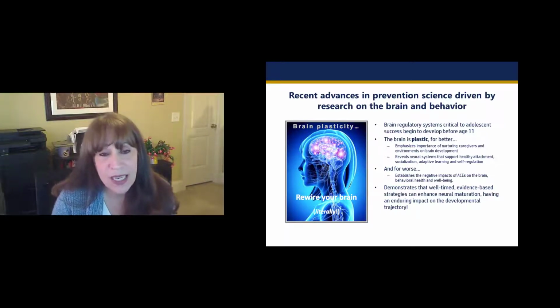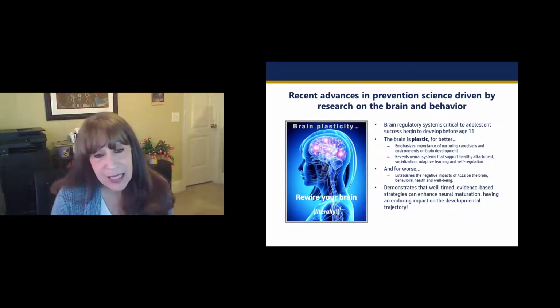In other words, evidence-based strategies we're beginning to find out actually change the way the brain is rewired and can improve or even accelerate neurodevelopment. And this is particularly true for children who are disadvantaged. And there is potential for all of this to have a long-standing impact into adulthood for functioning and for well-being.